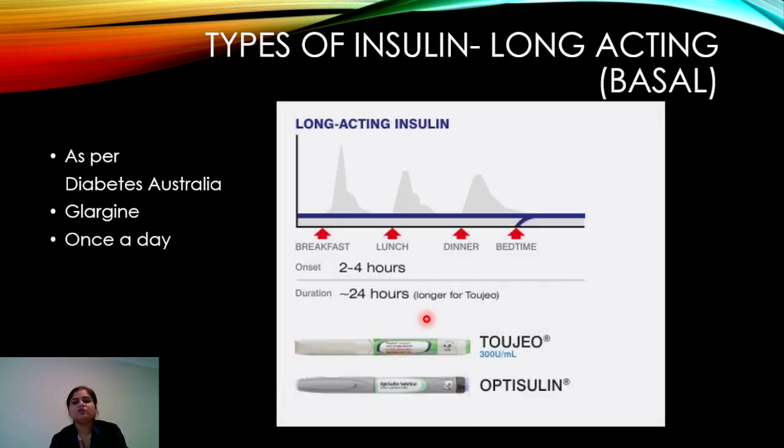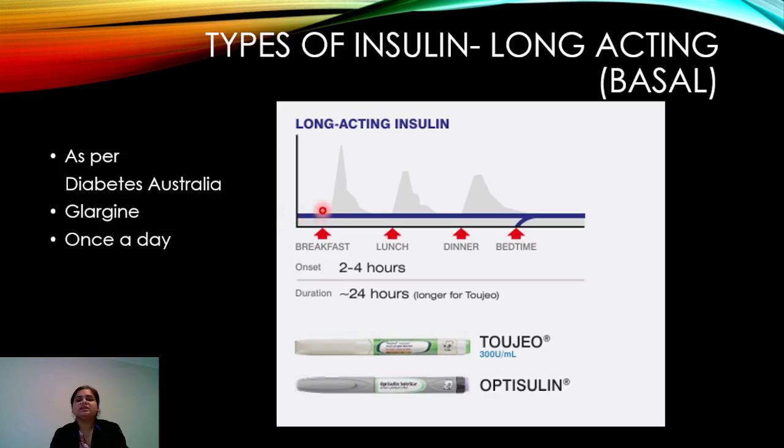Some of the common long-acting insulin brands used in Australia are Toujeo or Optisulin. These are both insulin glargine, but there is different strength in both of these. Toujeo is about 300 units of glargine per ml, and Optisulin is 100 units of glargine per ml. So the strength of glargine is different, but both of them are glargine.